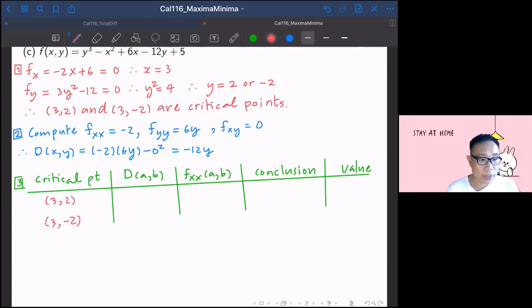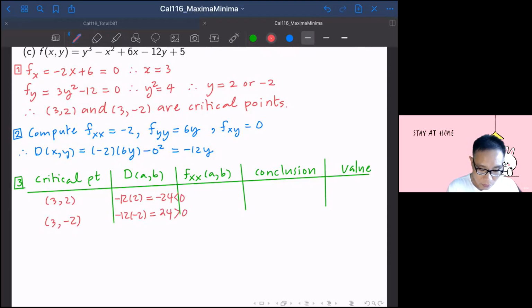So D at 3, 2 is negative 12 times 2, equal to negative 24. And negative 12 times negative 2 is equal to 24. So this one is negative, this one is positive, and then you have fxx.